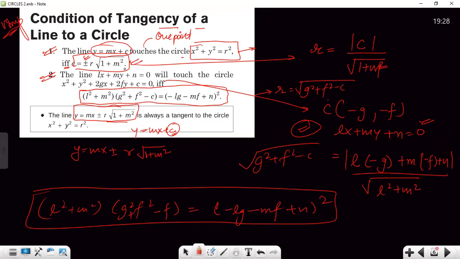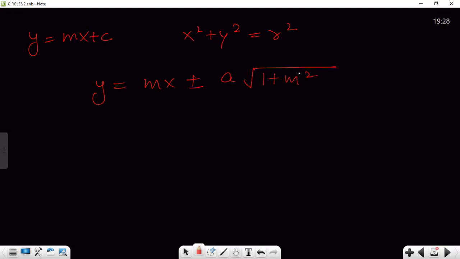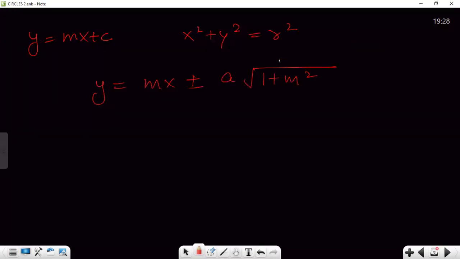As we discussed, if y is equals to mx plus c is the equation of straight line, and x square plus y square is equals to r square is the equation of circle, then the equation of tangent is y equals mx plus or minus r into square root of 1 plus m square.